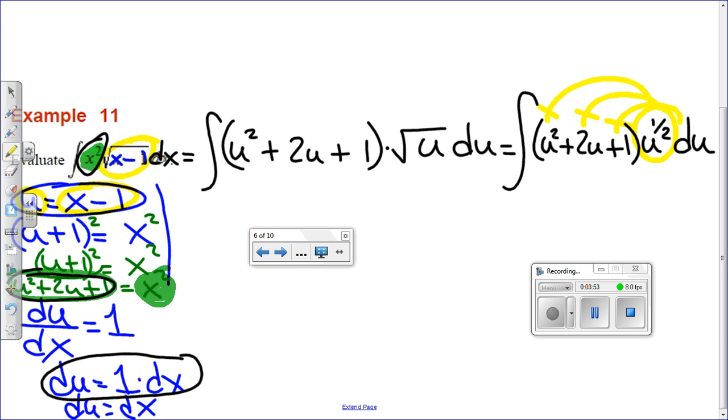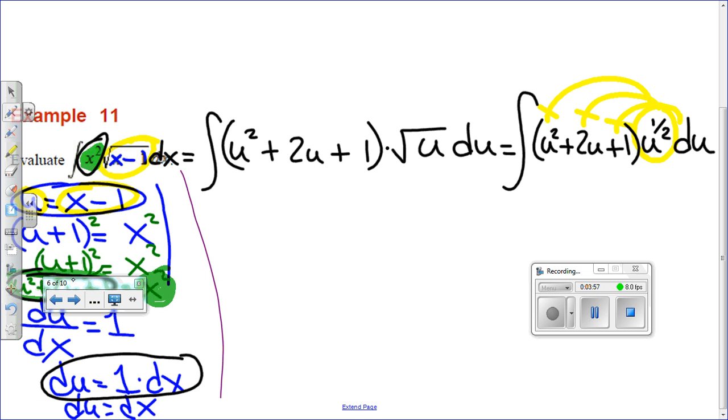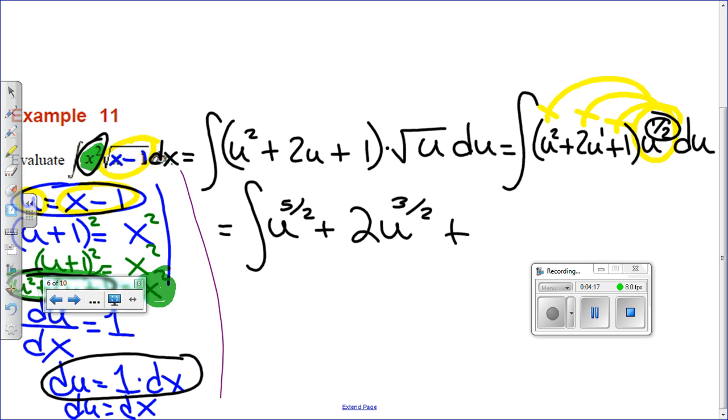So we will be adding the exponents. That will turn into the integral of u to the 2 plus 1/2, which is the same as 4 halves plus 1/2, so 5 halves. The next one will be plus 2 u to the power 1 plus 1/2, so 3 halves. And the next one will be u to the 1/2 times 1, so u to the 1/2. All of that in parentheses, and then du.